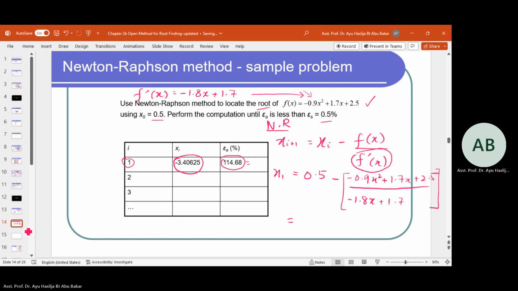So here it is x1 minus x0 over x1, multiplied by 100. That's how it gets the EA. Okay, try to proceed. Let me know after how many iterations your EA is below 0.5%.